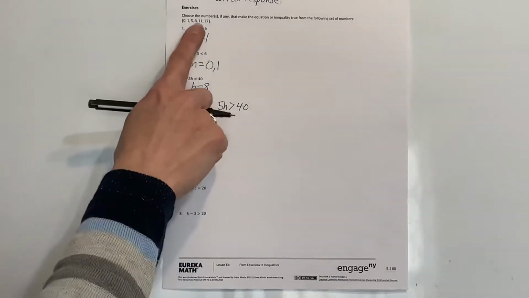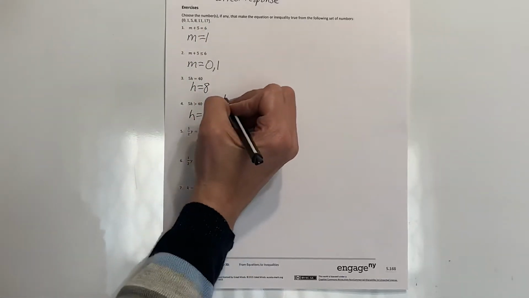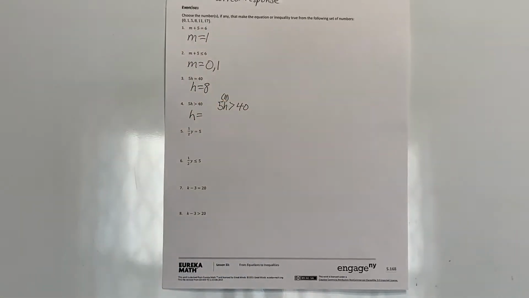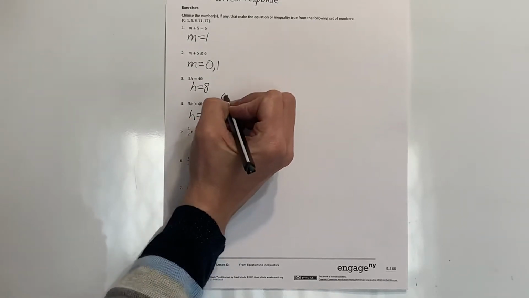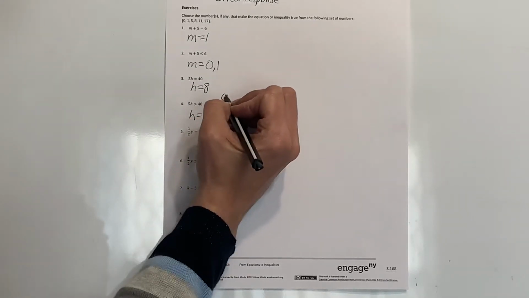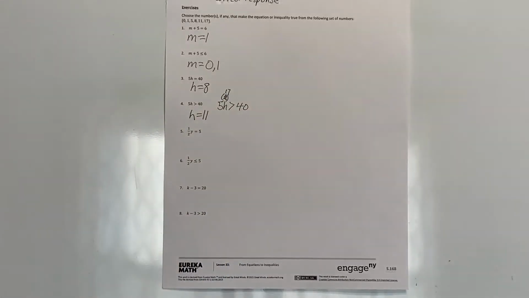So I'm going to go ahead and try 11. If I put 11 here in the place of h, what do I get? Well, 5 times 11 is 55. So 11 would work. Now, what would I get if I put 17 here?